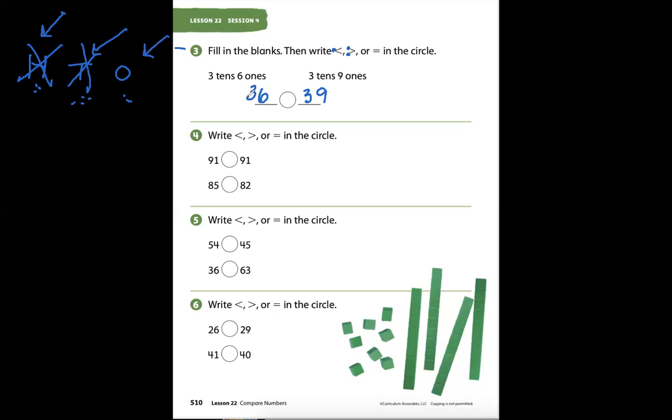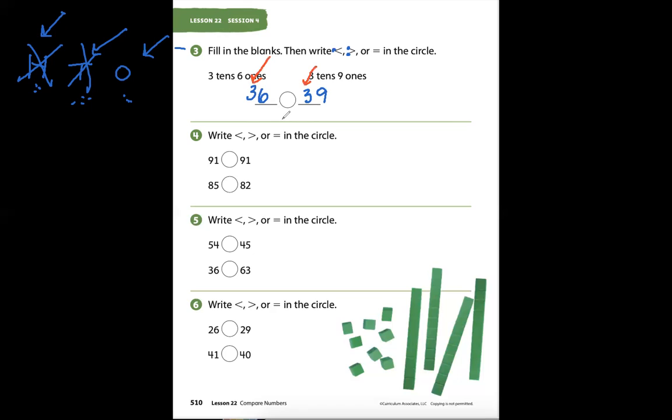If we have the number 36 and the number 39, we look to the tens place first because this place has a greater value. It's not the number 3 and it does not have a value of 3. It has a value of 30.